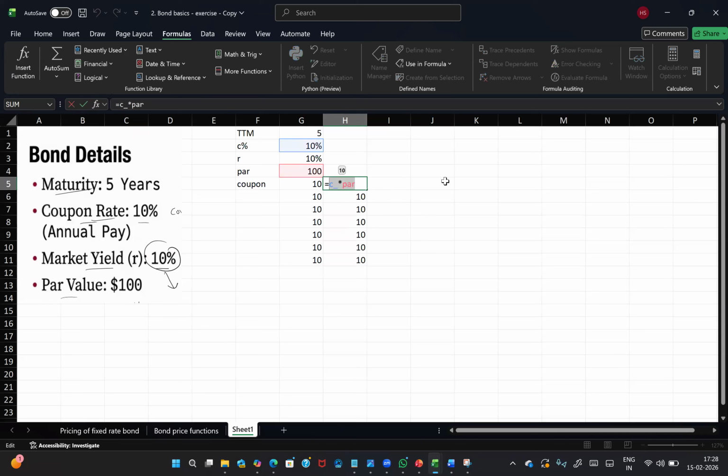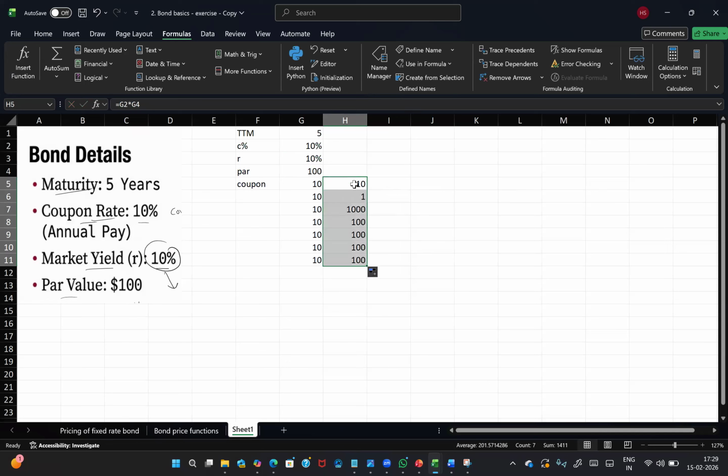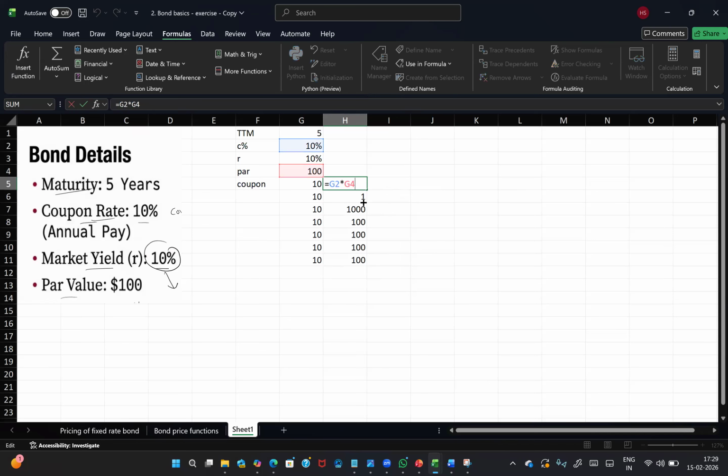so I'll write it again. If I were to write a formula like this and then drag it, can you see the values change because the referencing is to different cells? So then I would have to freeze the reference to cells G2 and G4.